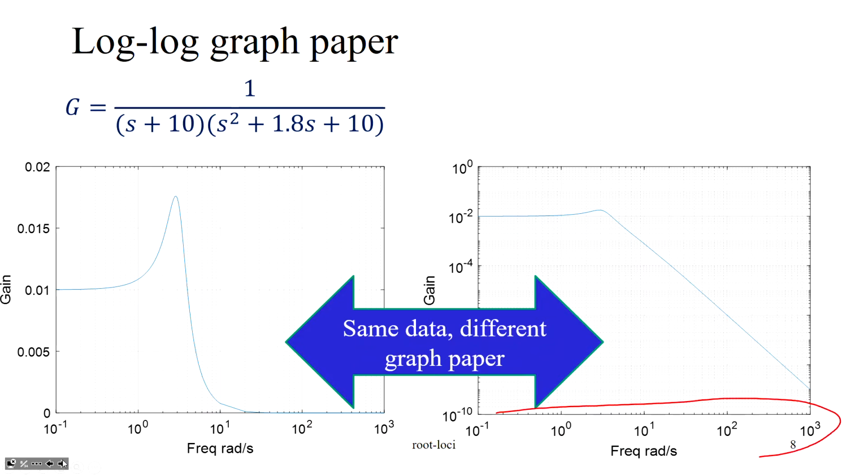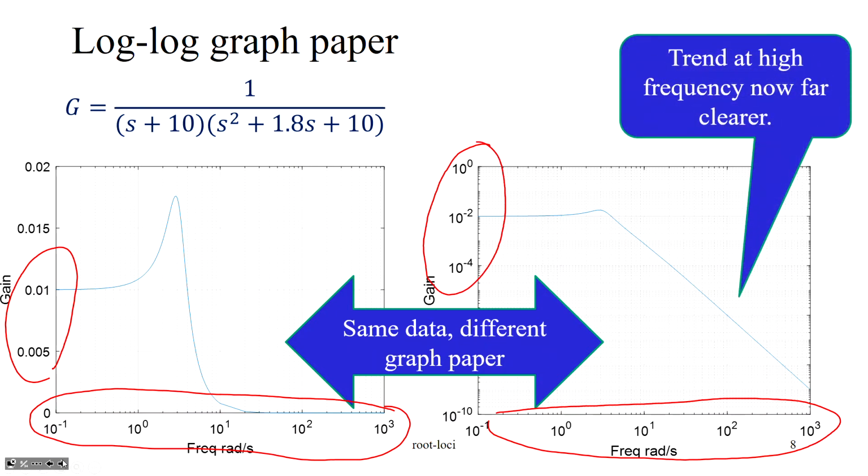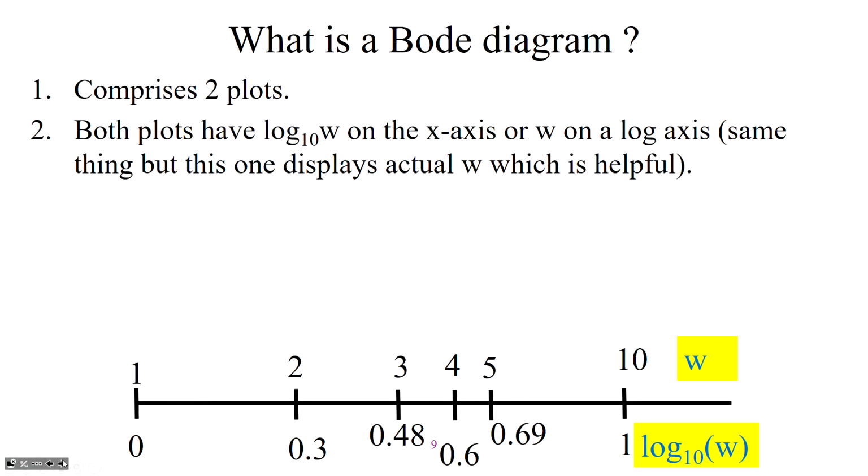Both of them have got the same logs on the horizontal axis, but the one on the left has just plotted the gain, whereas the one on the right has also used a logarithmic scale. And what's the key difference? I can now see what's happening in the high frequencies. I can actually see the pattern or the trends at high frequency. And so using log-log graph paper has turned out to be quite helpful.